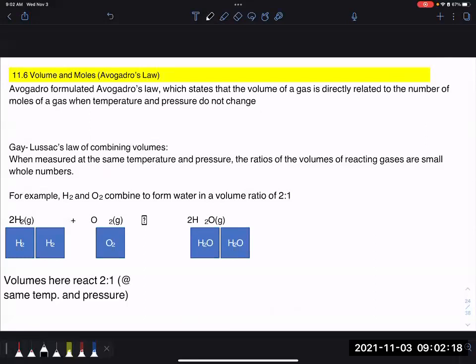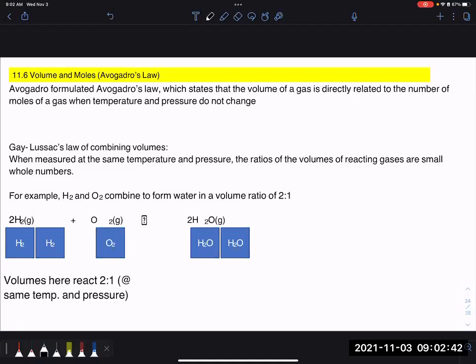So we've got pressure and volume, Boyle's law. We've got volume and temperature, Charles' law. We've got Gay-Lussac's law, which is pressure and temperature. And now we've got volume and moles. This is the first time that we're looking at the relationship between moles and our other values.